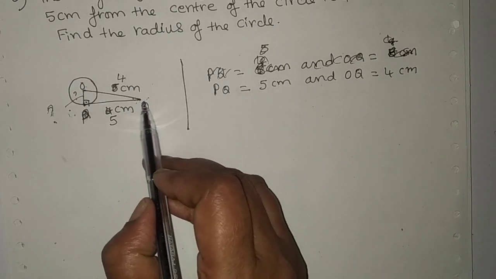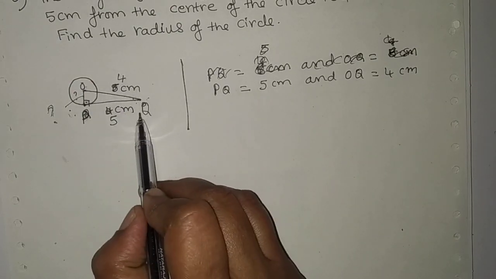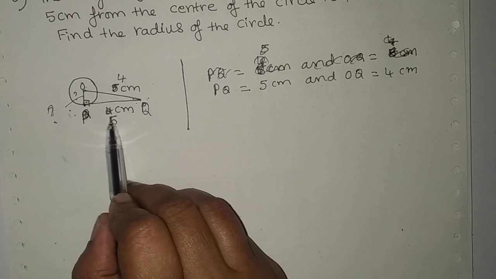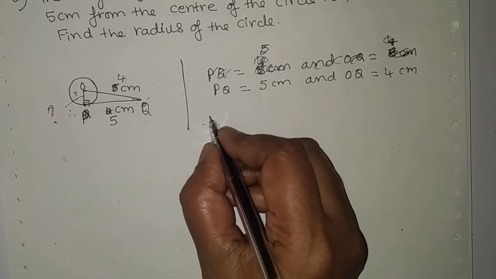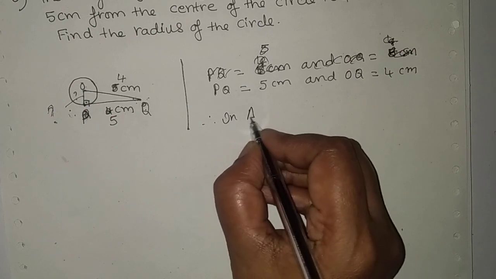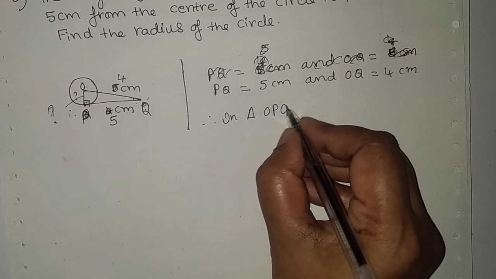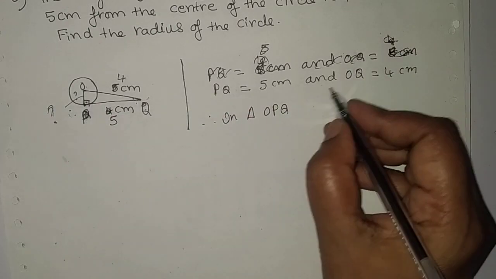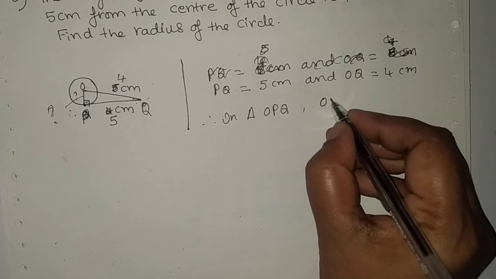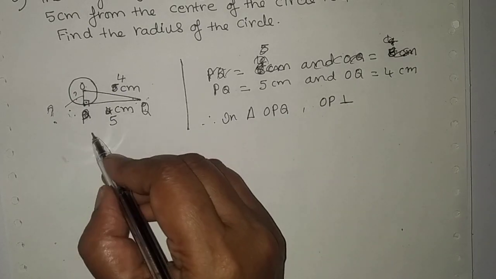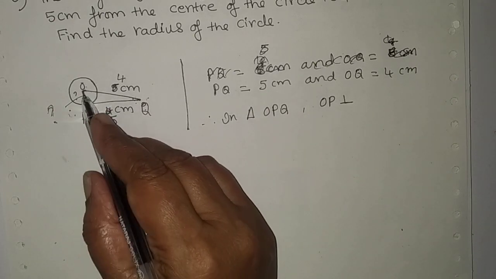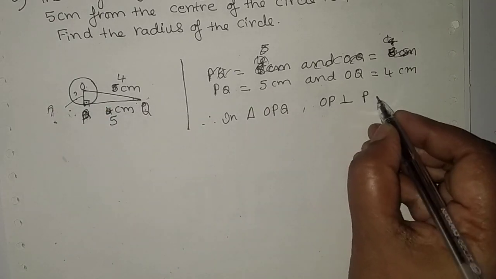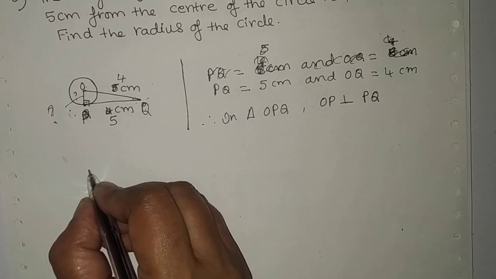So from Q to O it is 4 centimeters, and from P to Q it is 5 centimeters. This is the data. Therefore, in the triangle OPQ, OP is perpendicular to PQ.